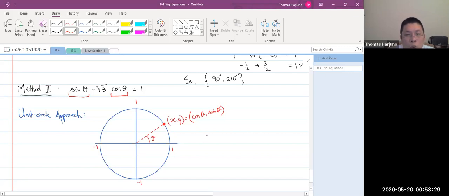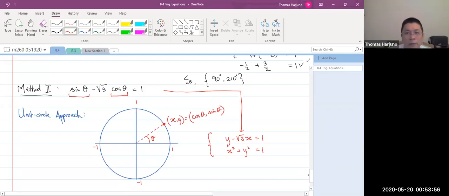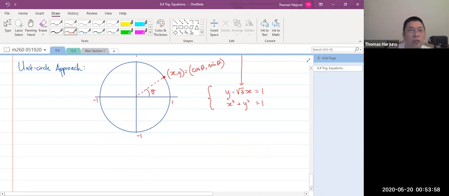So I will solve this system of equations: y minus radical 3 x equals 1, and at the same time, it has to be on the unit circle. Are you with me? The thing is, you don't see this technique in our textbook. That's why I want to go over that.